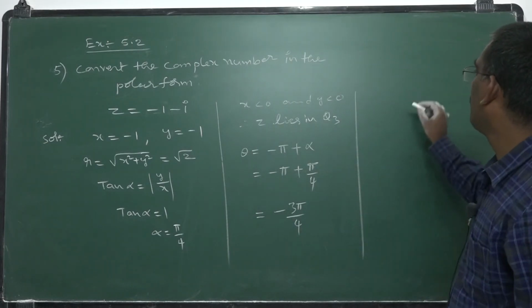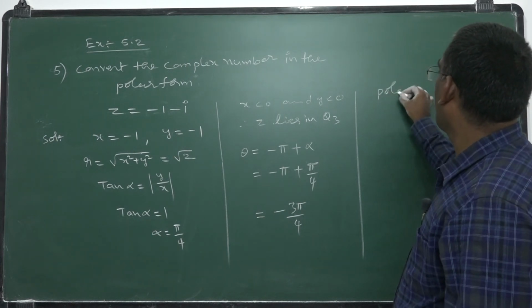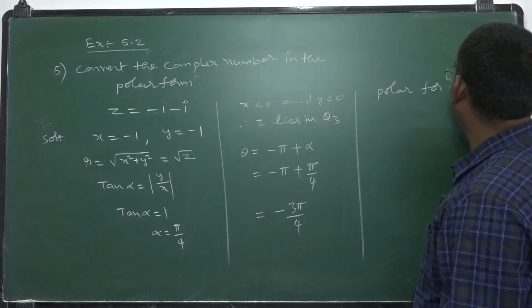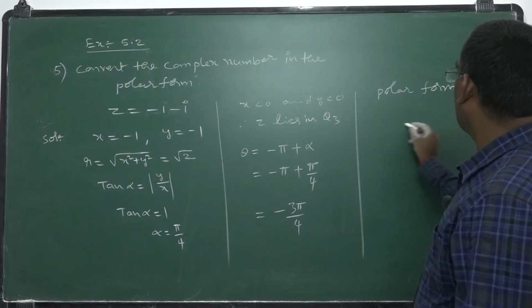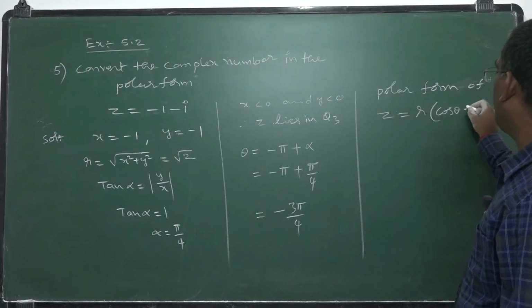So next, the polar form of z equal to r of cos theta plus i sin theta.